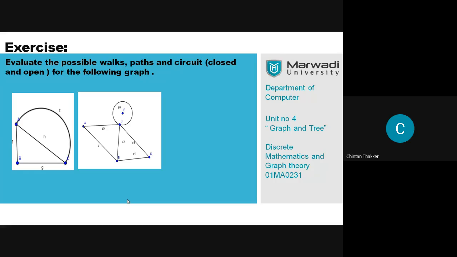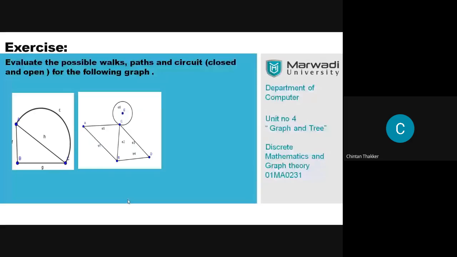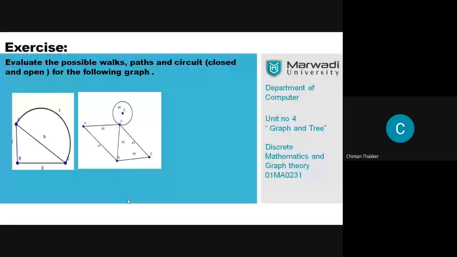Pooja, you have to write the path between A to D of length 3. You repeat the vertex C. It is not a path, it becomes a walk. There is no E. E is an isolated vertex. It is not connected with C.